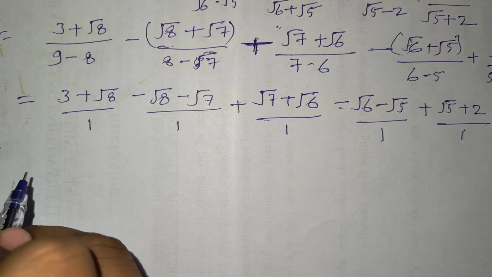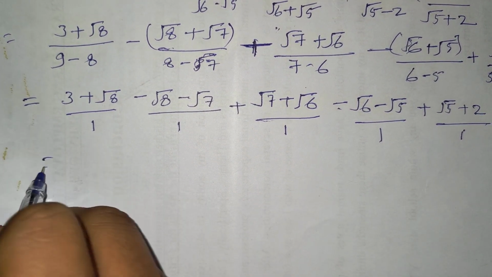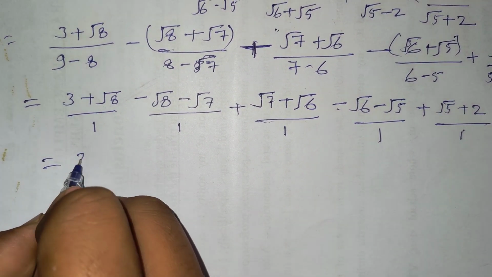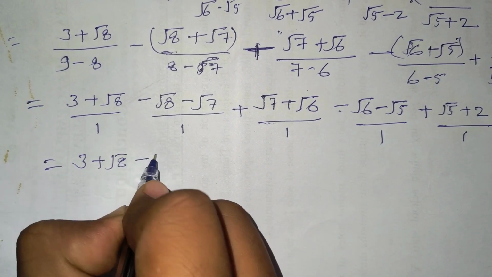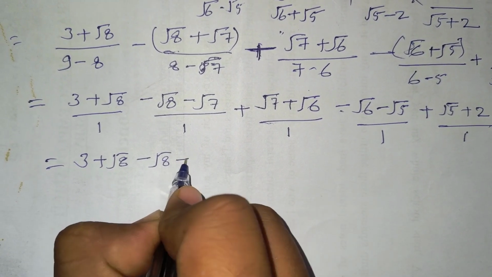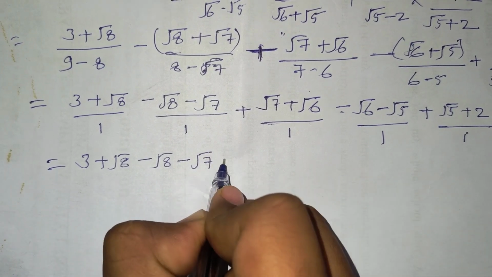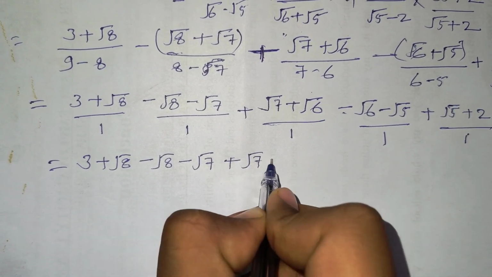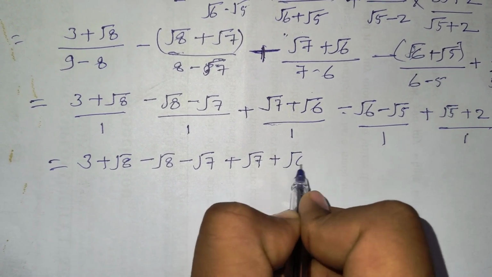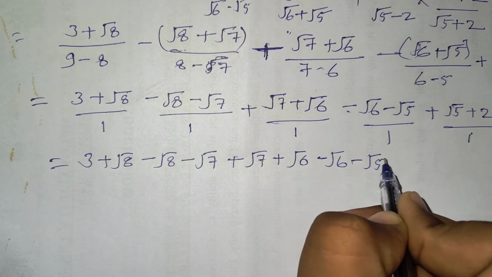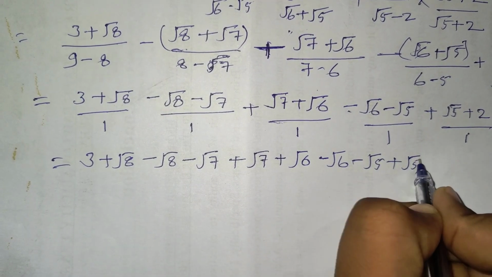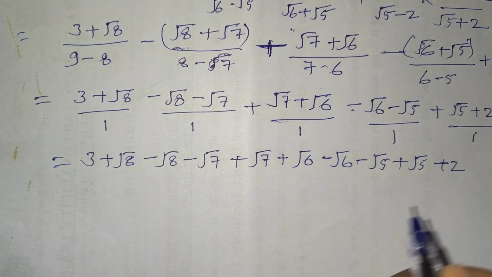Now solve this equation like 3 plus root 8 minus root 8 minus root 7 plus root 7 plus root 6 minus root 6 minus root 5 plus root 5 plus 2.